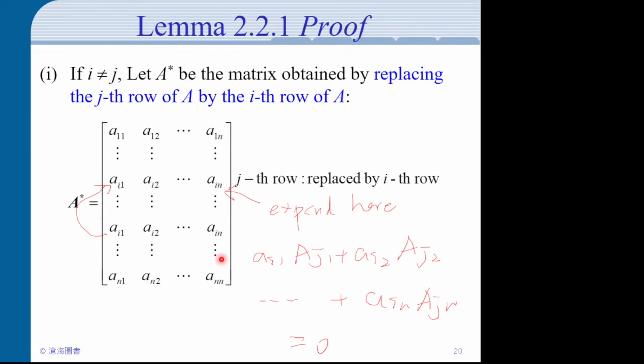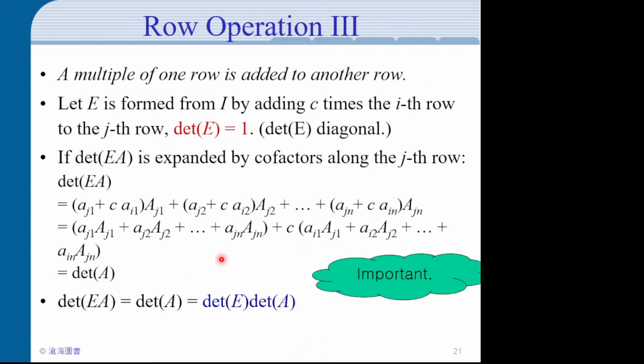The next thing we want to do is show how row operations change the determinant of a matrix. We do it in reverse order. First, we see how row operation 3 changes the determinant, and it actually doesn't change. So what's row operation 3?